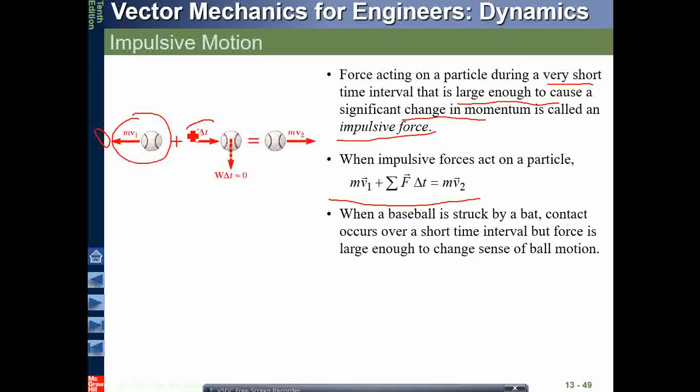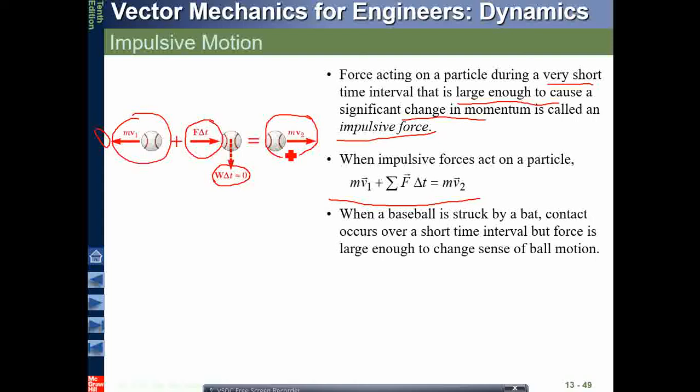So there are two components. One is F delta T, which is the impulse force applied by the bat, and one is the weight of the ball itself. But the weight of the ball is very small compared to this impulse force, almost negligible. We can consider that as zero. Combining these two, we have a new momentum of the ball, mv2, once the batsman hits it.